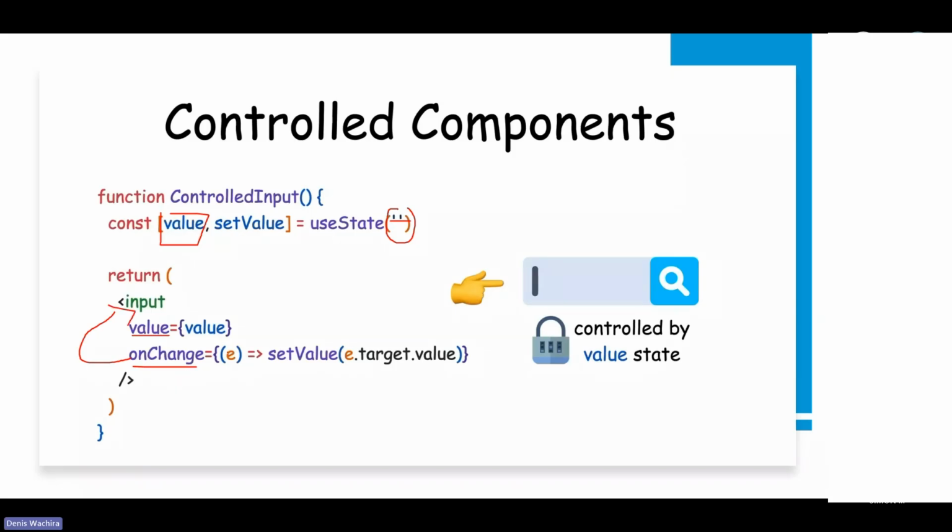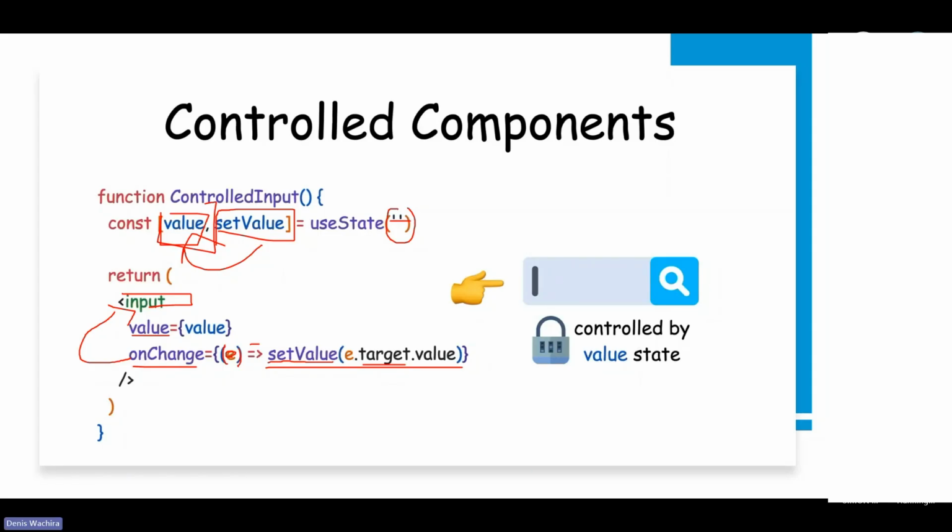We pass the event that is happening on the onChange input field into our callback function, and we call the set value function that updates this value. We update it with the event target, the actual value of the input we are typing in. So we update this value with whatever you are typing in this onChange input.